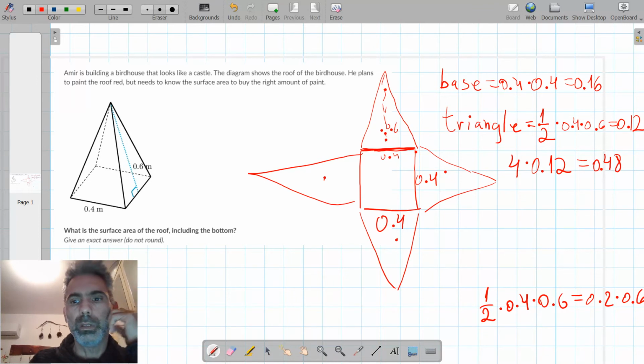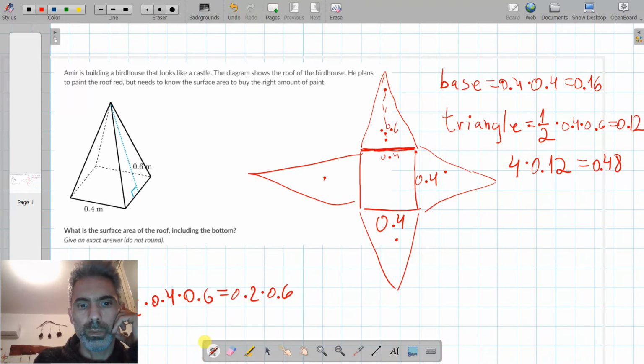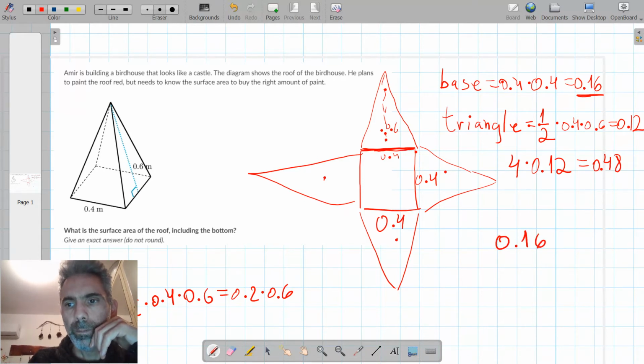So the entire surface is the base, 0.16, plus 4 triangles, which is 0.48.